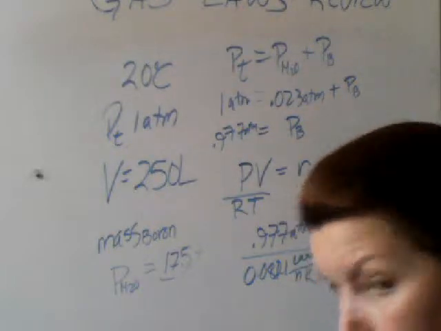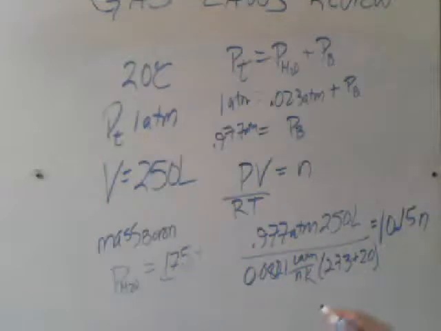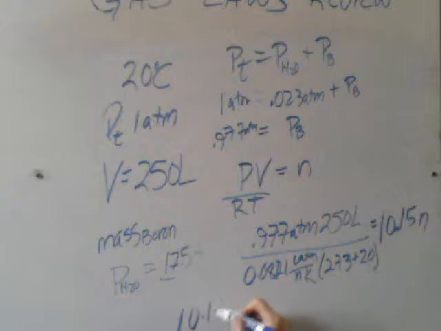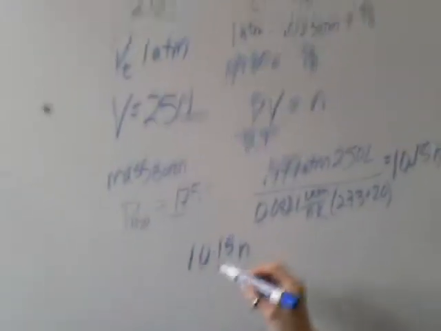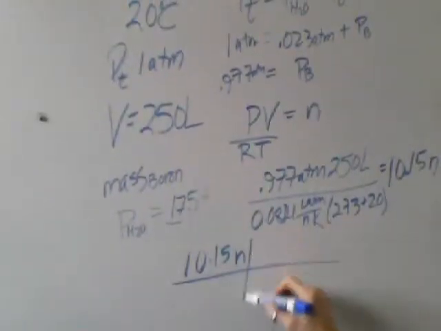and it wants to know the mass of boron, so we convert our moles to mass. 10.15 moles of boron.